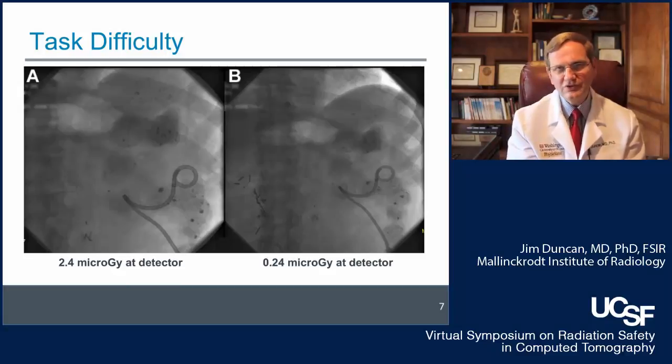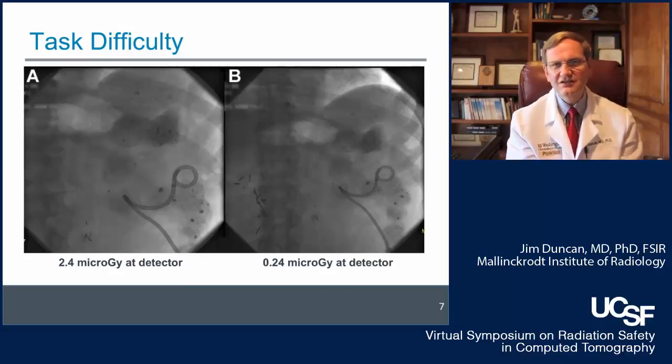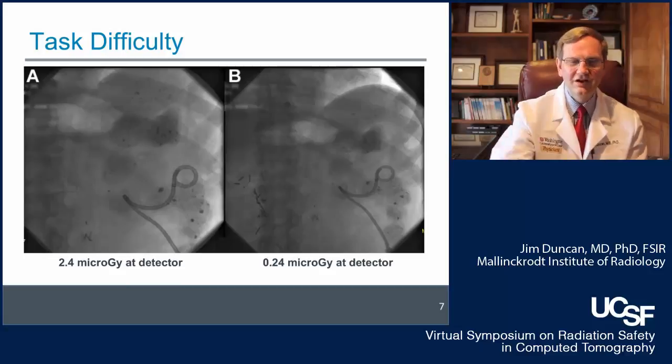Tells me where the tube is. There's some contrast from prior studies in the field, but this is all I need before I go to inject the tube. There's not much reason to acquire more detailed images at this point. A low dose image has satisfied the need. It has the utility that we need.